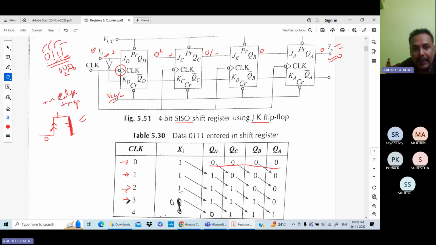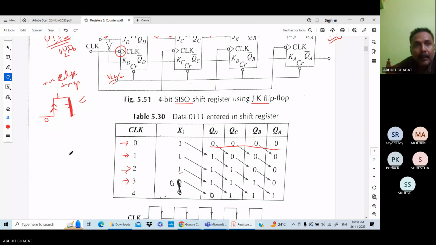For the third clock pulse, same. For the third clock pulse, D3 will be the input, and this one is shifted to QD, this one is shifted here to QC, this is shifted to QB, and this is shifted to QA. And after the fourth clock pulse, this 0 is shifted to this.